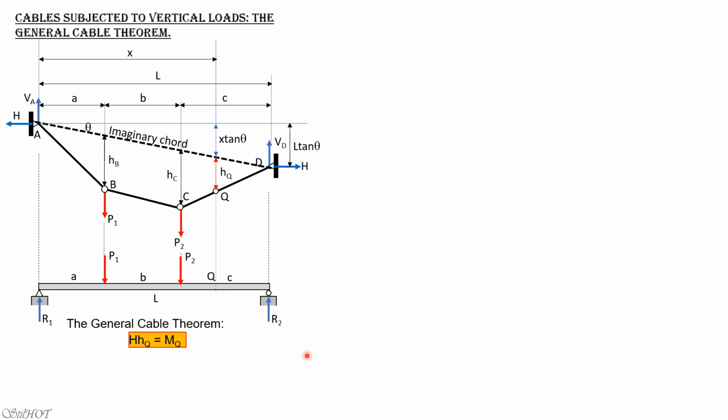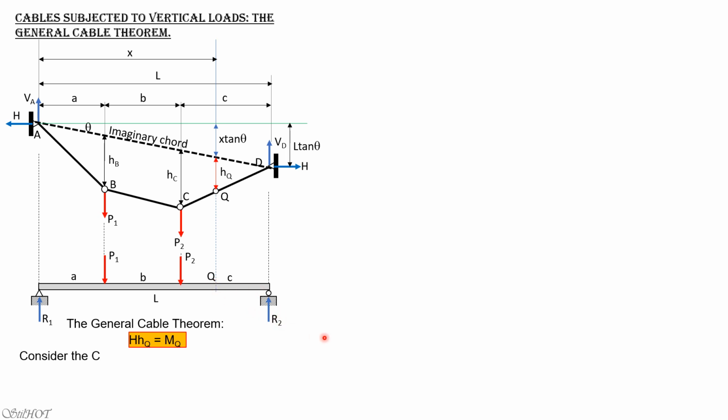But when you solve problems involving cables and you can apply the general cable theorem, you can present the solution in a simpler way. That is, you solve for R2 and take moment about Q.